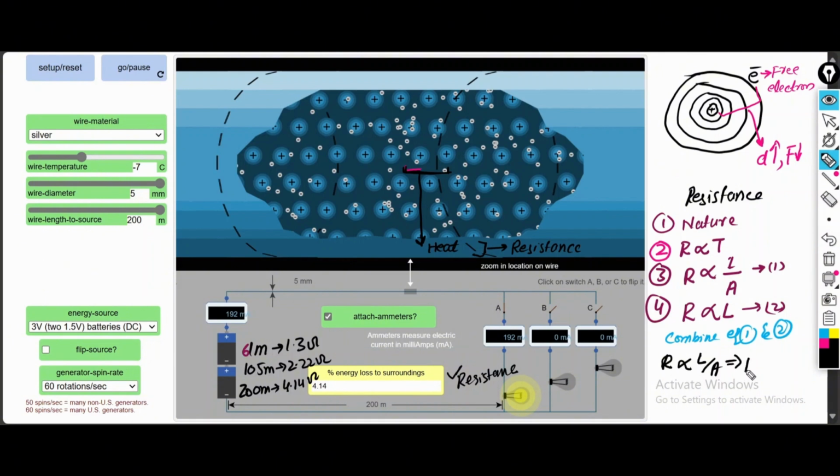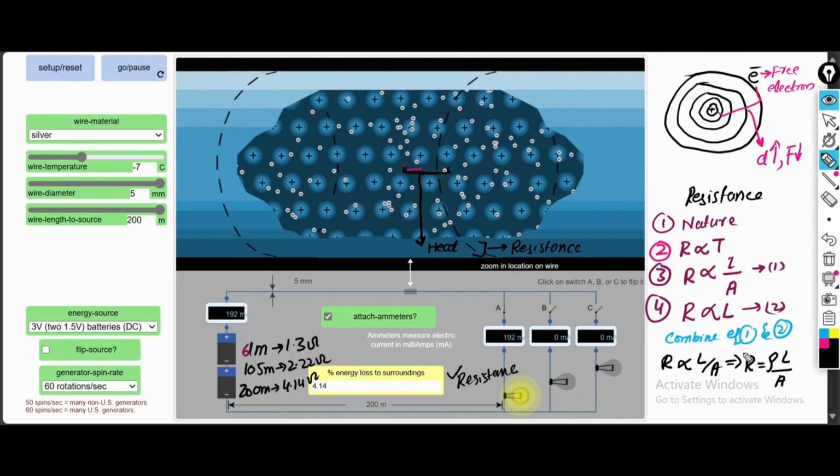So R is equal to rho, which is the resistivity, times L divided by A. So this is the relation for the resistance, and these are the factors on which the resistance depends.